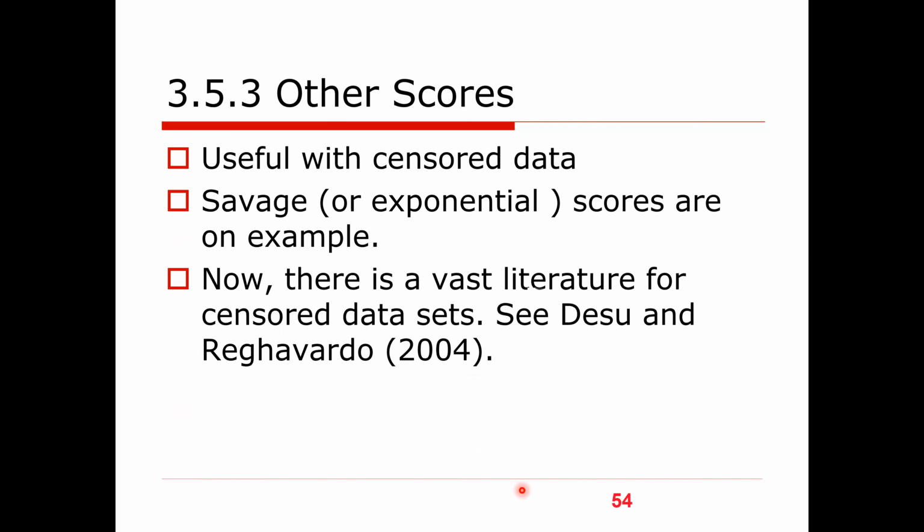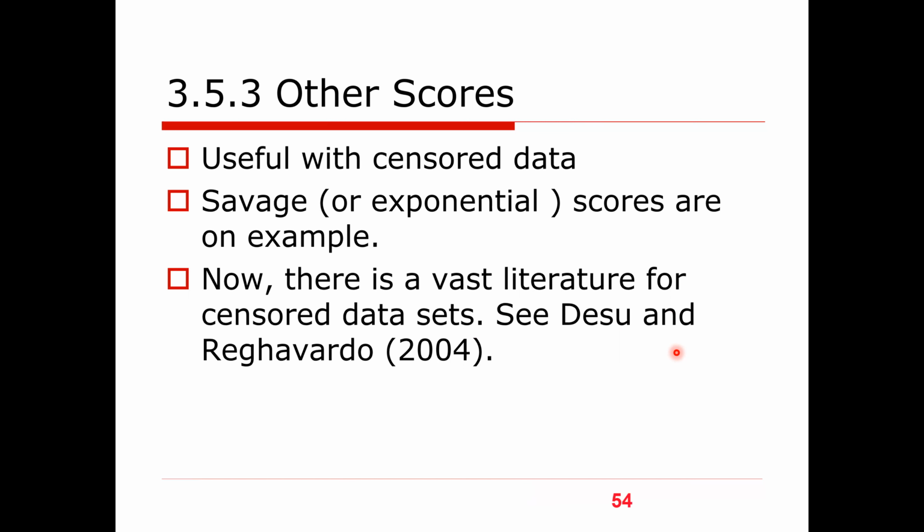And then there are things we need to do with censored data, right? And they mention there's vast literature for censored data because censored data sets are more common in reality. Especially this happens a lot in pharmaceutical testing. We want to report the results where some of the people are still alive, so we don't have their death age.